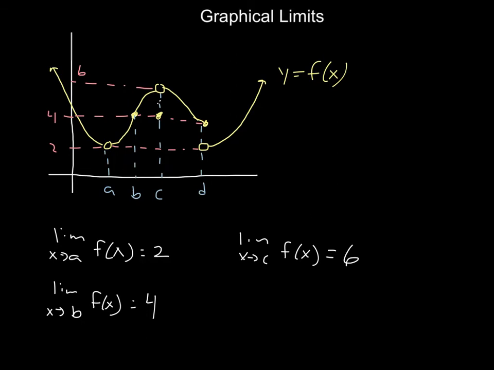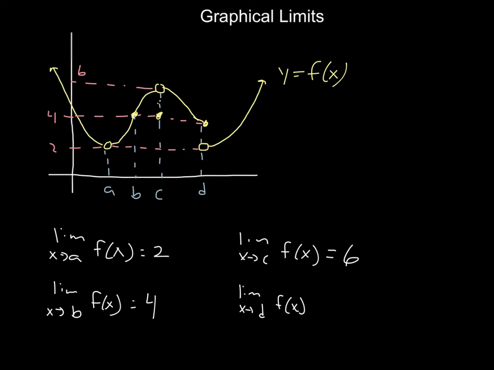The last one we're going to look at is the limit as x approaches d of f of x. In this situation, as we're moving closer and closer to d, again, we have to look at when we're coming from the left and from the right. As I come from the left, my function values are getting closer to 4. As I come from the right, we are getting closer and closer to 2. My function values are moving closer to 2.